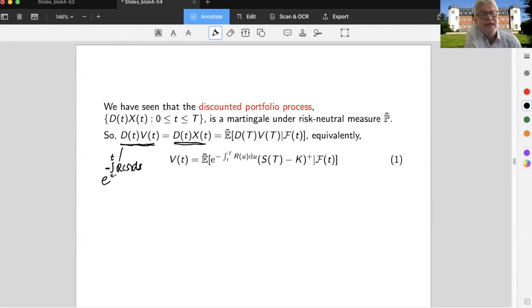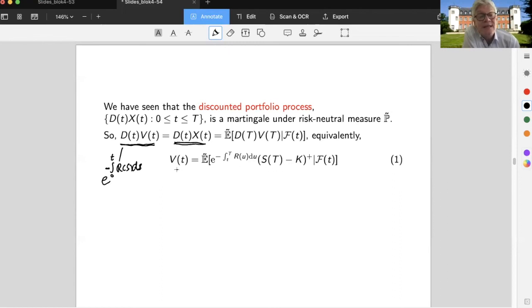If we bring this term to the right-hand side and under the expectation, together with this discounting at time t, it gives us under the expectation sign e to the power minus the integral from little t to capital T of R(u) du times the final value, the value of the option at final time, which is the payoff, the maximum of S(T) minus K and 0.